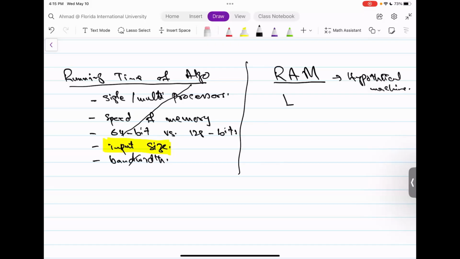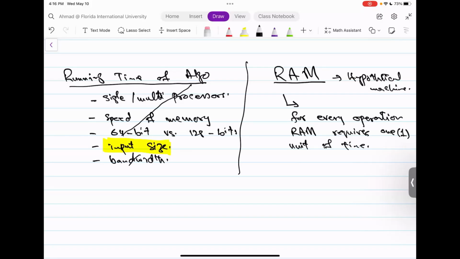And I will be assuming that for every operation, this machine, RAM, that I will be using throughout the course from now on, requires 1 unit of time. That is the general statement.